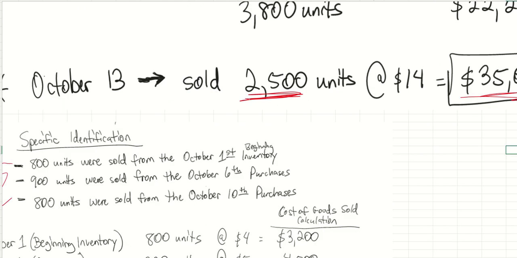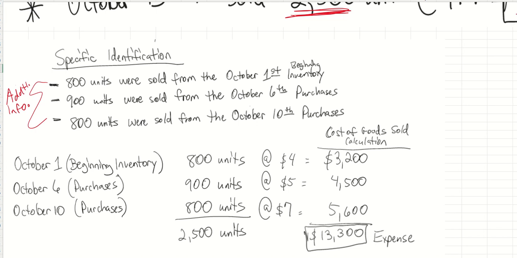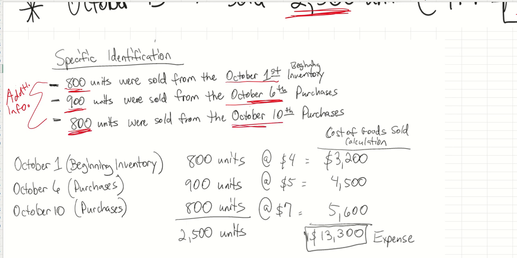That doesn't change. Now, out of those 2,500 units, the additional information provided tells us that 800 units were sold from the October 1st batch of inventory, so from beginning inventory. Then 900 units were sold from the October 6th batch of inventory. Then 800 units were sold from the October 10th batch of inventory.